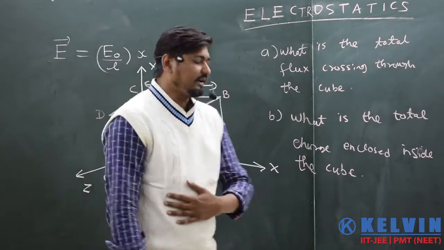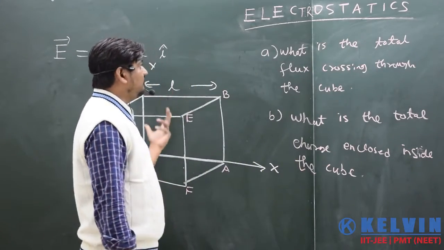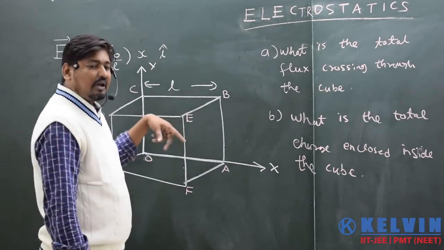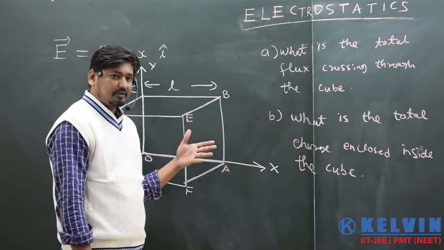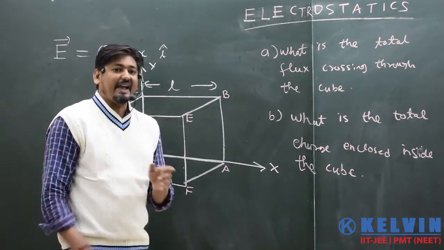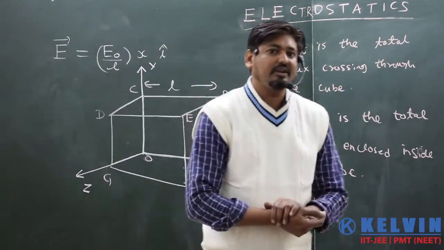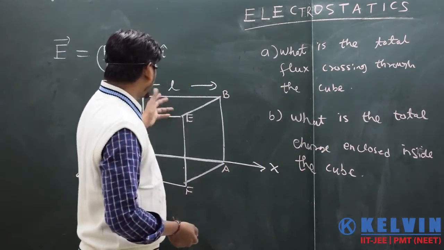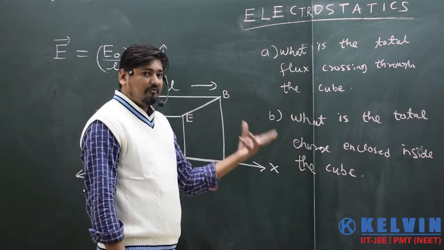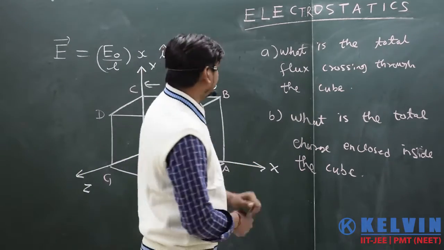We have to calculate the area vector for each surface and the electric field for each surface, and also the angle between the area vector and the electric field for that particular surface.